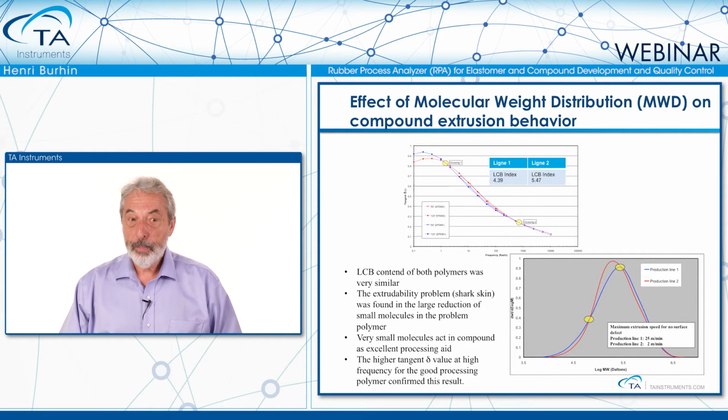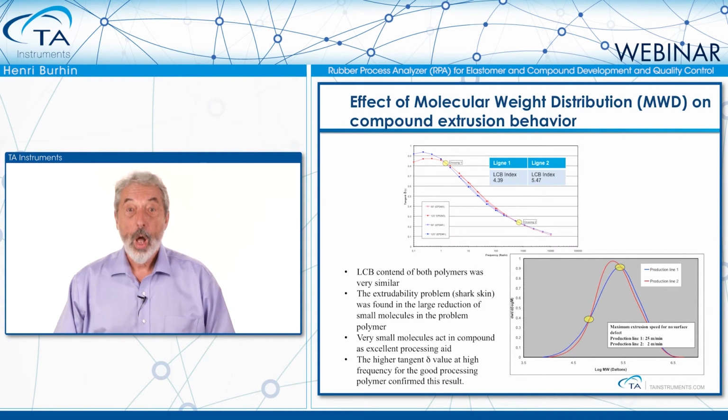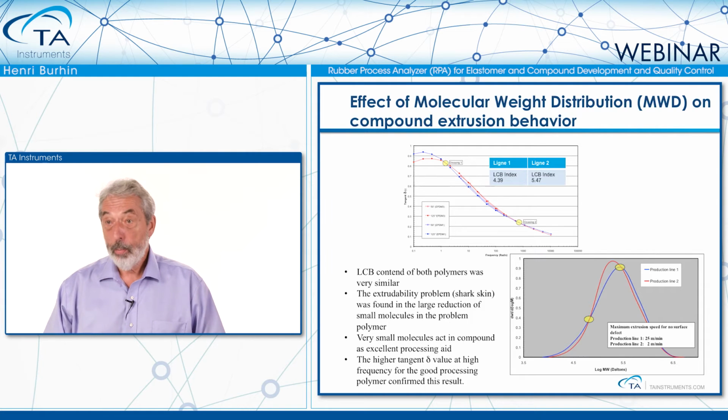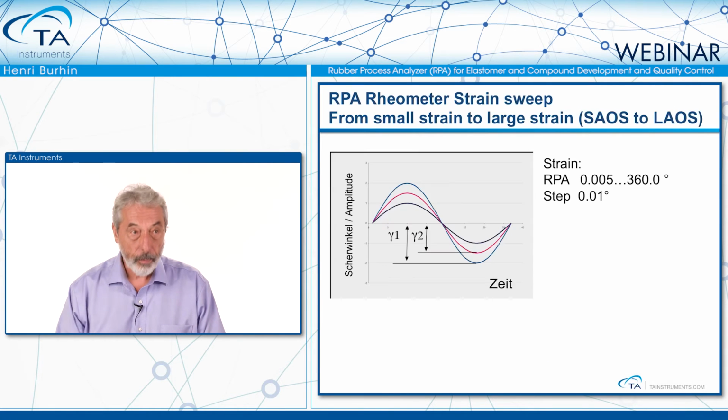So the polymer which was giving the problem was poor in natural processing aid. So that was the source of the problem. The solution was easily found after that. The formulation had been slightly changed in order to give a little bit more processing aid of the right choice, and the new polymer could be used at the same speed.